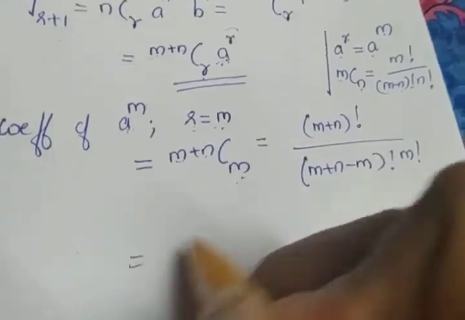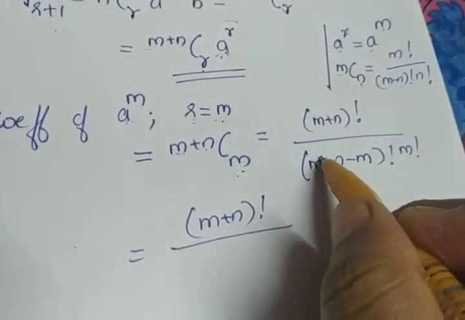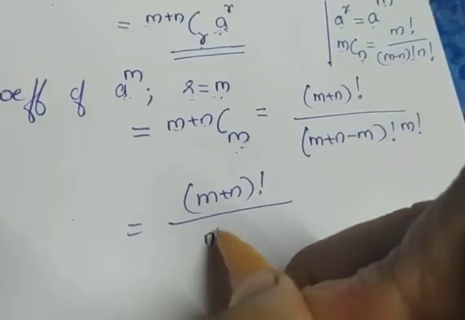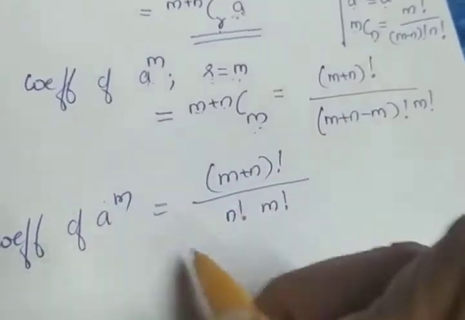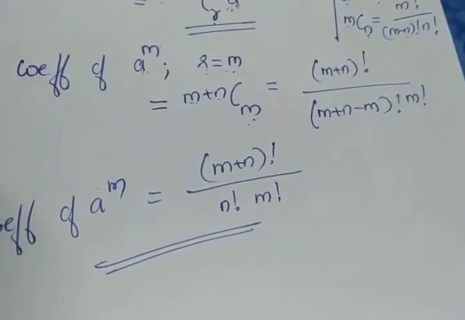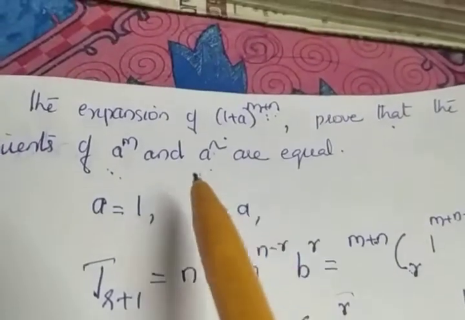Here m and minus m get cancelled, giving n factorial into m factorial. So the coefficient of a^m is (m+n) factorial divided by n factorial into m factorial.